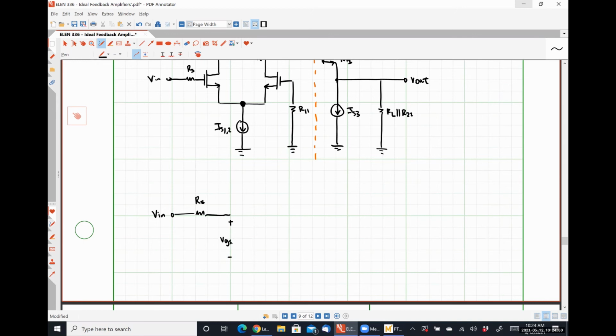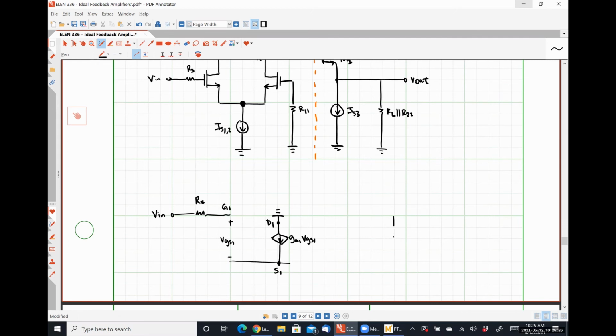Here is the voltage VGS1. This is going to be gm1 VGS1. So just to be clear here, this is the gate of transistor 1. This node right here is the drain of transistor 1. This node right here is the source of transistor 1.